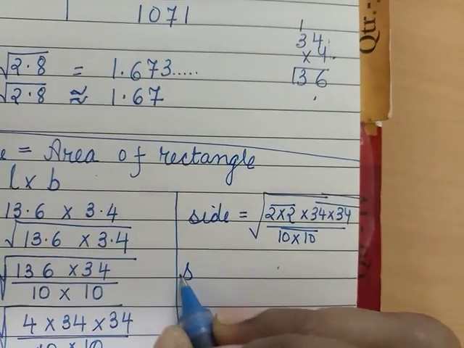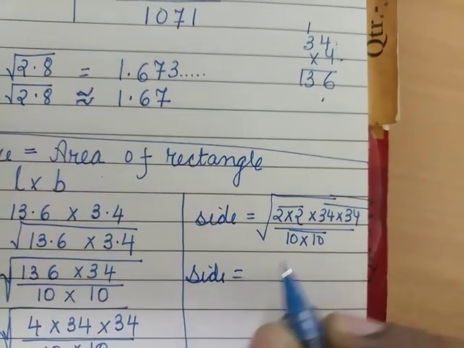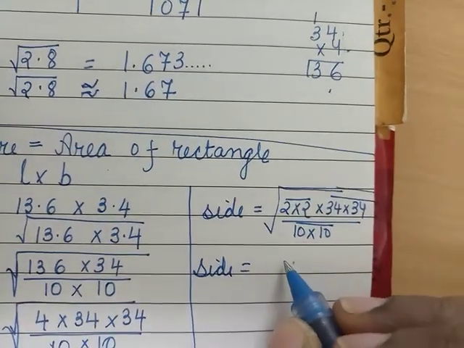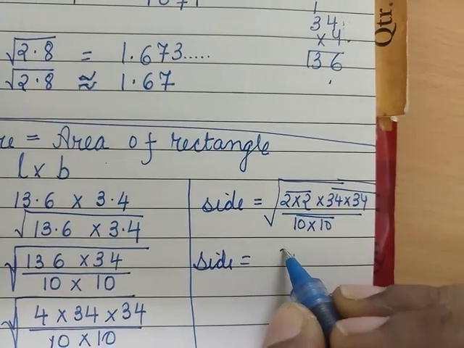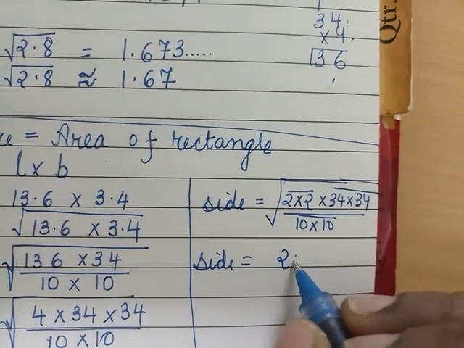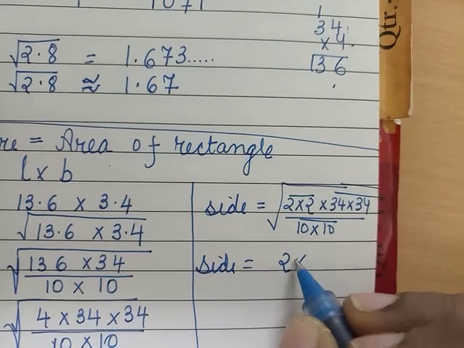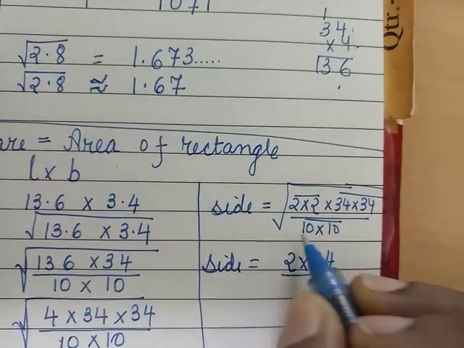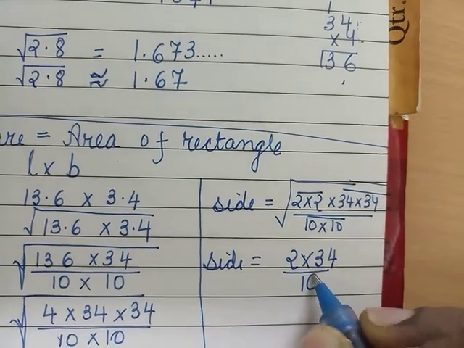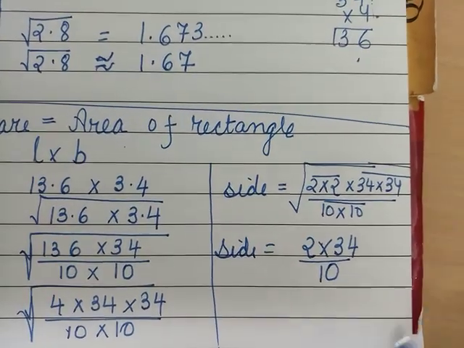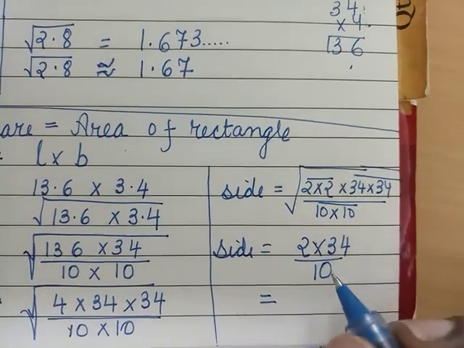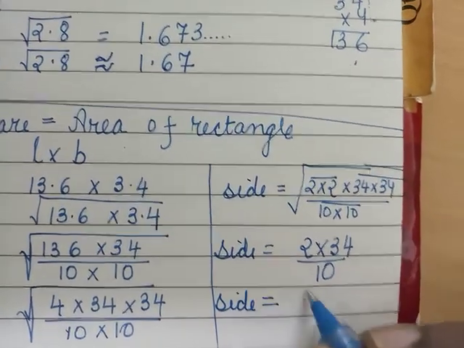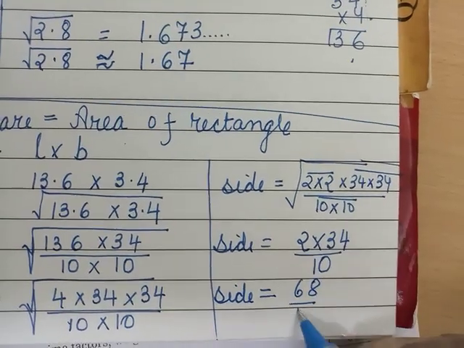So when we find the square root, what will happen? We have a pair now, so these numbers will come out from the square root sign, and we'll write only one number of it. Out of a pair we'll write only one. So a pair of 2 will give you 2, a pair of 34 will give you 34, and a pair of 10 will give you 10. Okay, now 34 into 2 will give you 68 by 10.